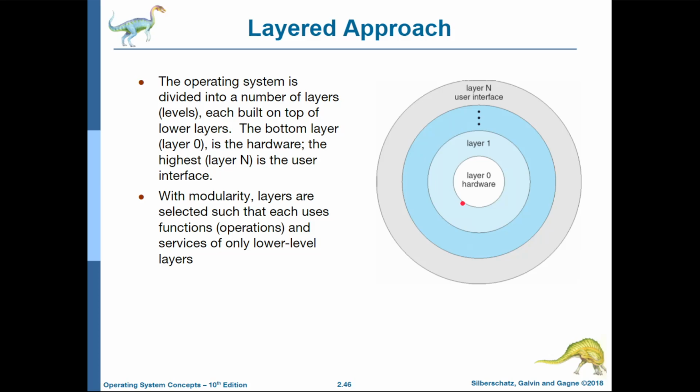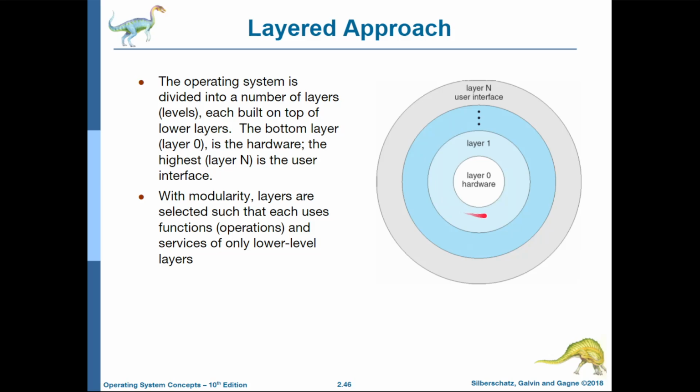Now, in most cases, an operating system is maintained as a layered approach, and we try to keep different functionality within particular layers. So at the very base is your hardware layer. This is the core. This is the system that's being run.